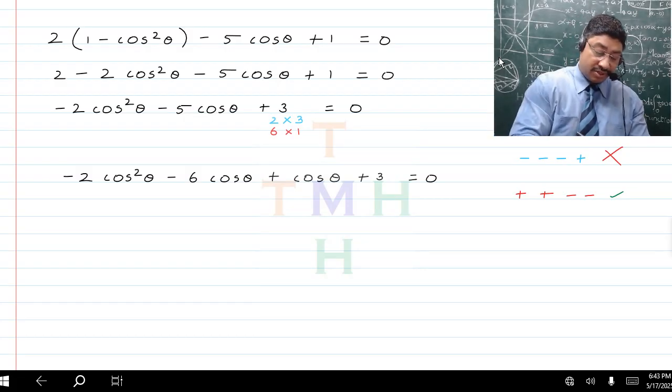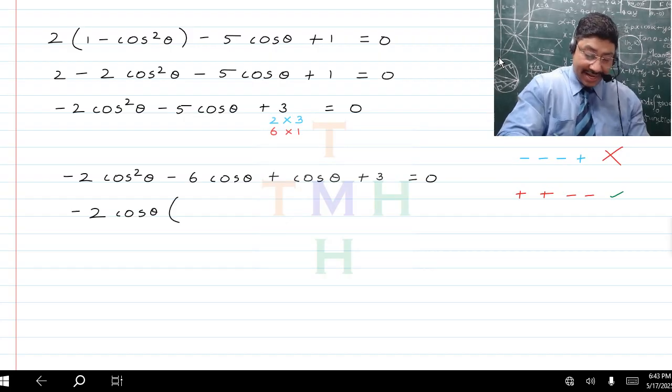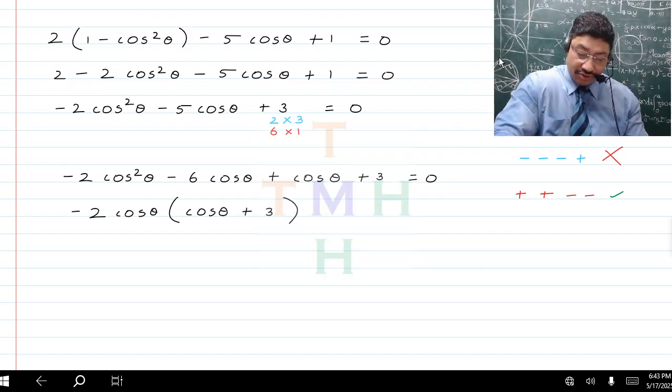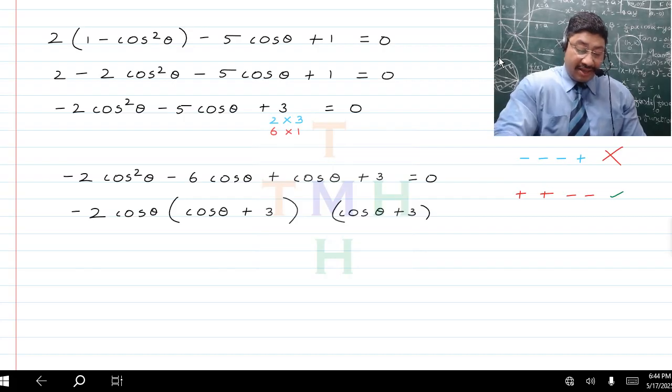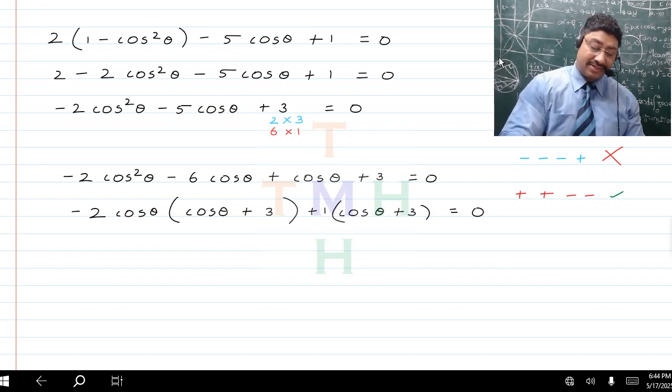Now from the first two terms we have a minus 2 cos theta, which can be taken common outside, and inside then you'll be left with just cos theta, right? And then plus 3, right? Now children, when you write cos theta plus 3, this is the other binomial, right? If you multiply this with plus 1, you'll be able to get cos theta plus 3 as required, and the sum of all of this is equal to 0.